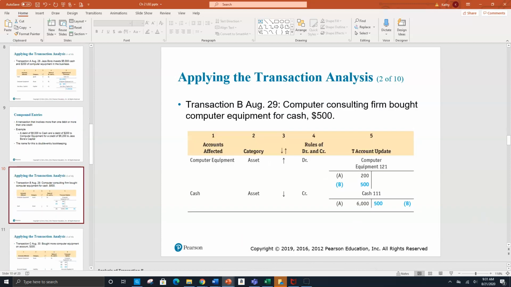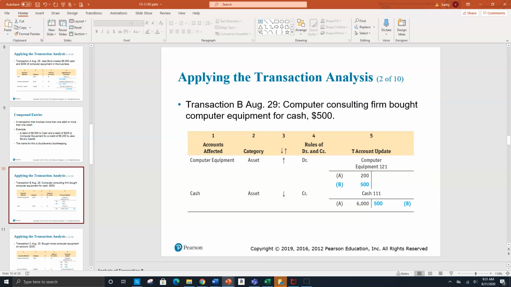On to transaction B. Computer consulting firm bought computer equipment for $5,000 cash. Computer equipment is an asset, it's increasing, and it's a debit. So we're debiting computer equipment $5,000.